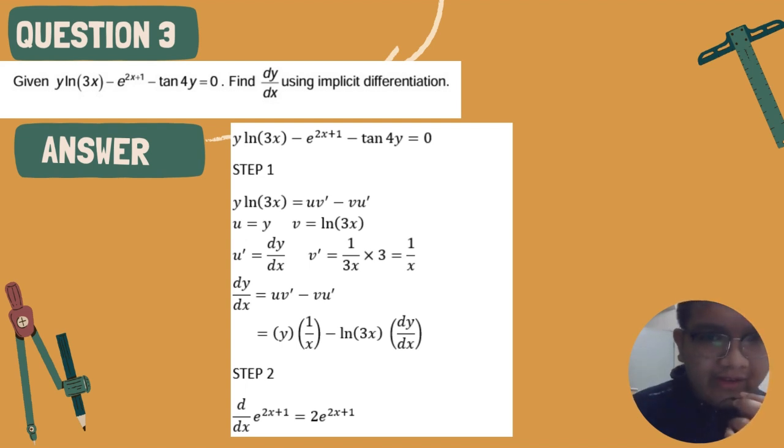y ln 3x, we use the product rule, which is uv prime plus vu prime.